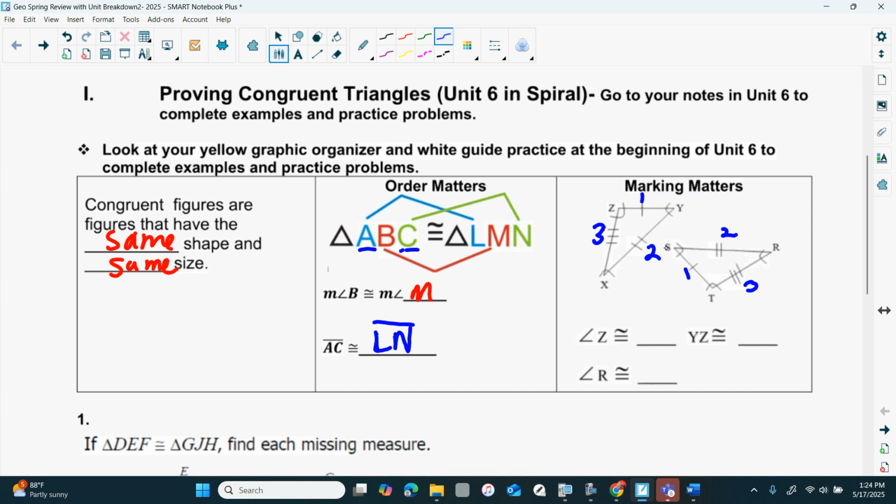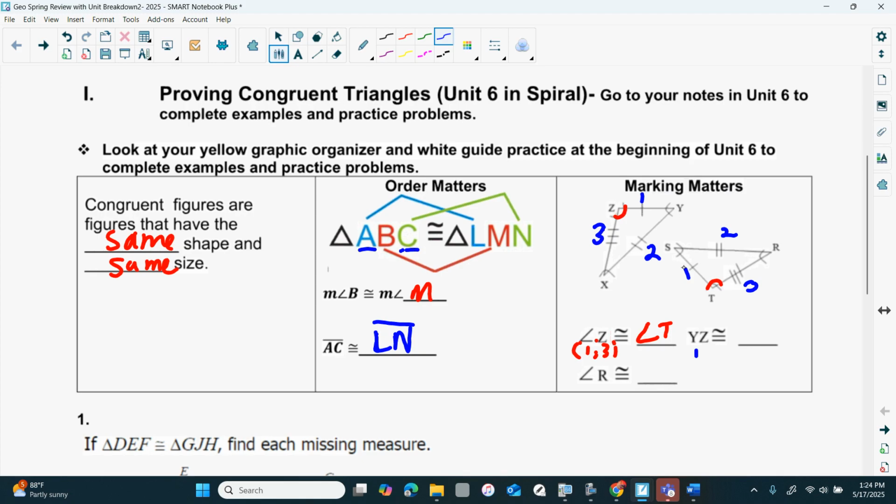So if I look at angle Z here, angle Z was between the markings 1 and 3. So I need to have between 1 and 3 again. That would be angle T. This is talking about side YZ.